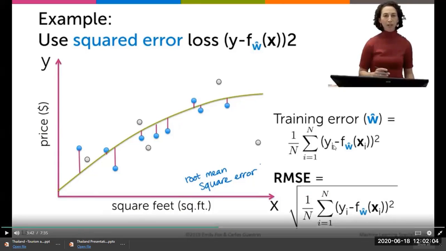For example, let's use y1 and x1. So here's y1, the height of this point, and f of x1 is the height of this point. So let's say this house sold for $1 million, and $700,000 was the estimated price.